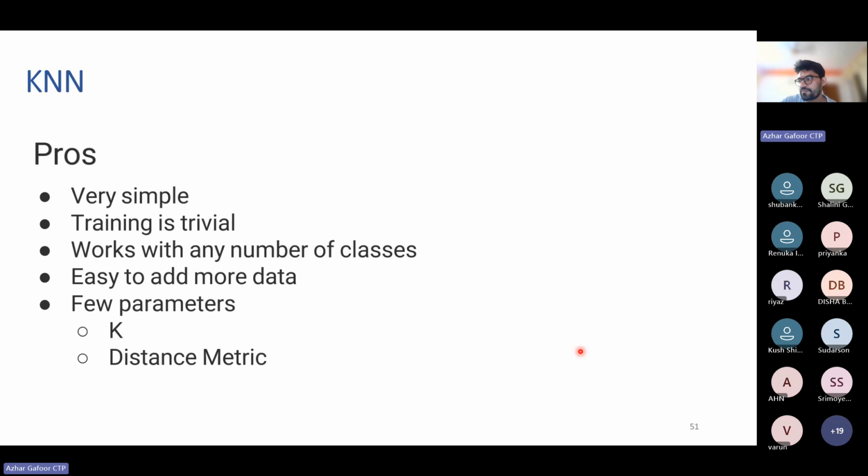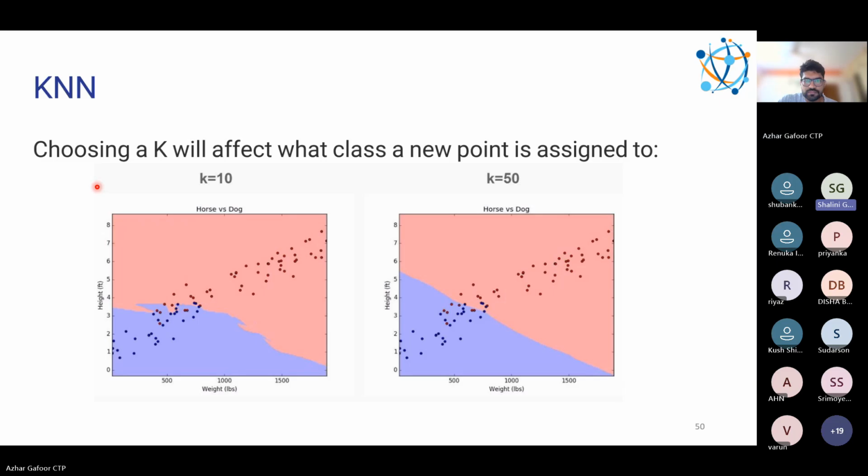So what are some of the advantages of using KNN? Sir, how do we choose the best value of K? Choosing K is affecting which class my new data point will belong to. What should be the correct value for the right classification? That we cannot say, right? For each model, it will differ.